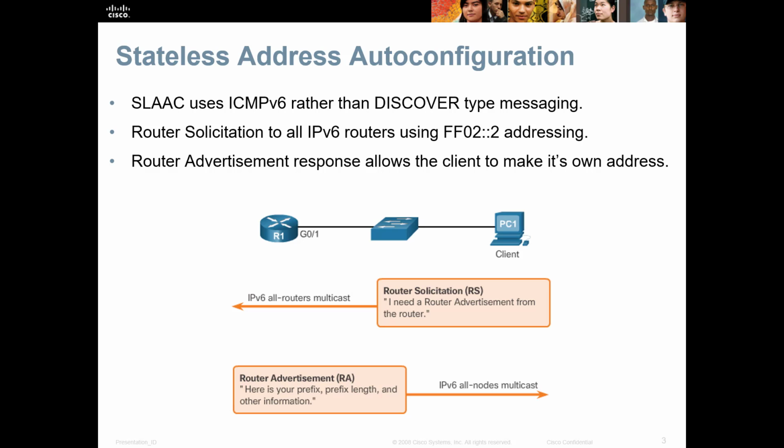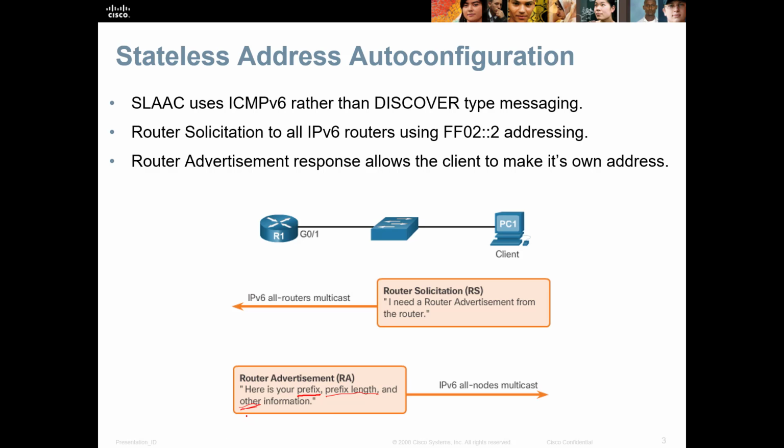The client gets to make up his own address. Let me point it out: in this router advertisement, the router says, I'm going to give you the information you need, the prefix length, and some other information.